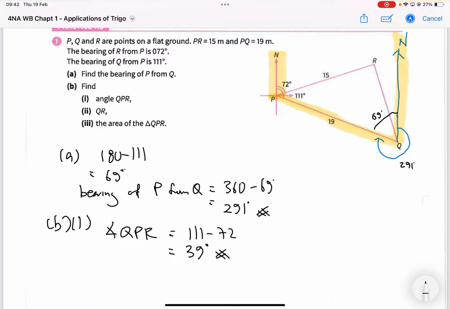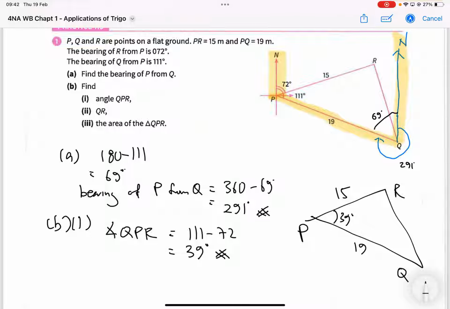Okay, if I draw the triangle out, P, R, Q. I know this is 19. I know this is 15. I know this angle is 39. I want to find this side. Triangle, finding a side. No right angle triangle, I cannot use Pythagoras. Then I think, can I use sine rule? Sine rule, I need to know a pair, the angle and the opposite side.